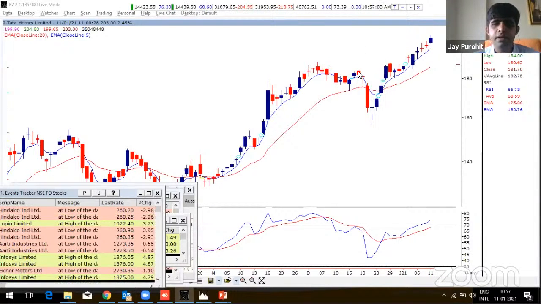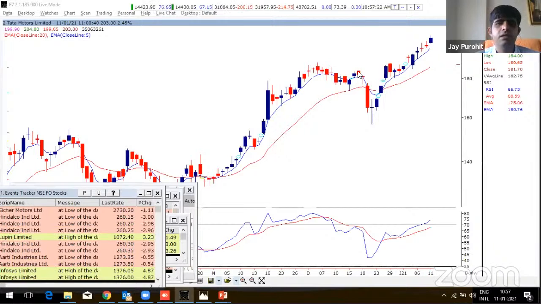Be with the trend until you see a strong sign of reversal in the Nifty, or through the derivatives data, or through the FII activity, like I discussed: if you see consecutive selling from the FII desk for 3-4 days, and that too more than 2,000 crores or so, then only look for short selling opportunities. Otherwise, be with the trend.